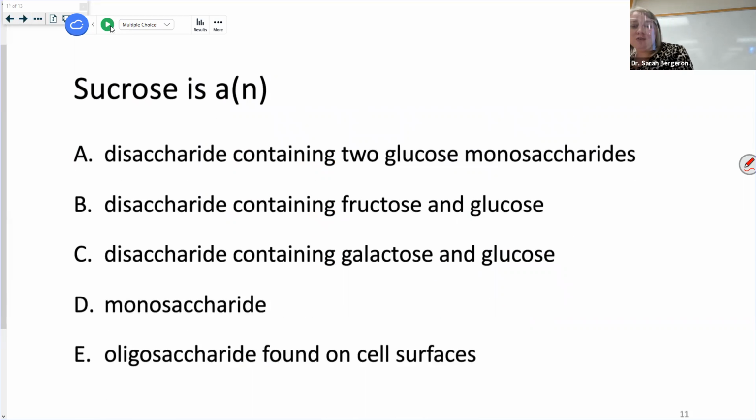What is sucrose? Yeah, you have your notes.